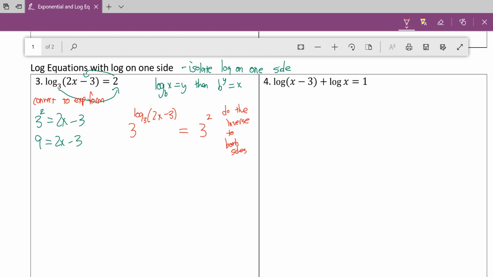So the 3 and the log base 3 are inverses, so they cancel each other out, and we get 2x minus 3 equals 9. All right, same thing. I guess we ended up with 9 on one side instead of the other side, but it's the same thing. So regardless of which way you like doing it better, we would then add 3 to both sides, and then x is 6.